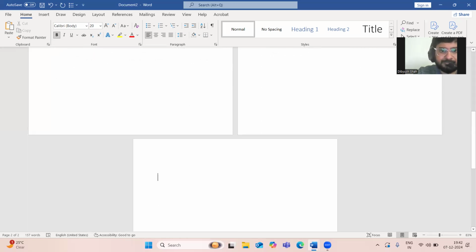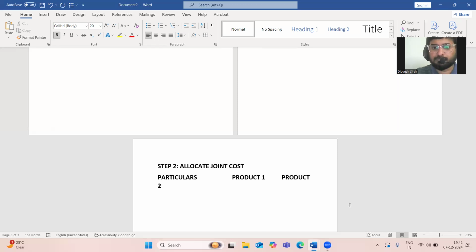Now how do I allocate, or what will be the joint cost allocated to each product? So step 2. Allocate joint cost. So I have particulars. I have product 1. And I have product 2.